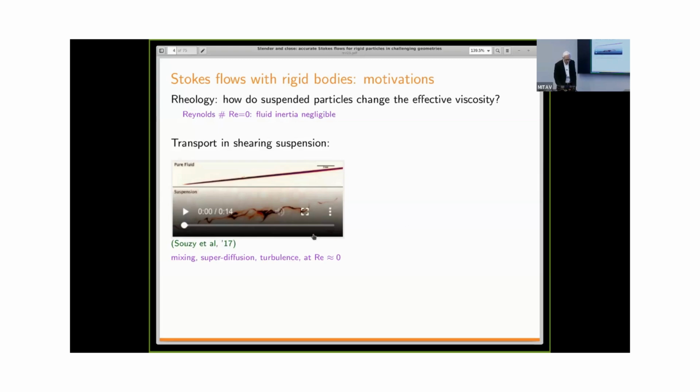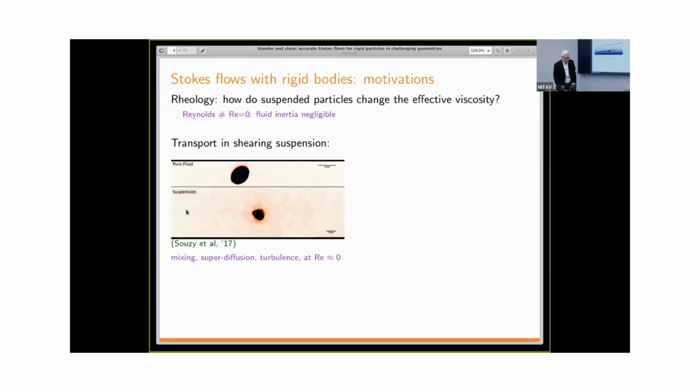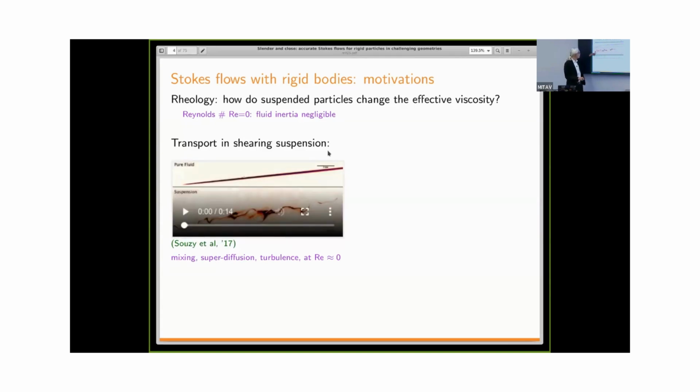So here's an example of an interesting transport question that can occur in a system of rigid spheres being sheared in a viscous fluid, 0 Reynolds number, and the fluid is entrained along the surface of the spheres and has interesting, unusual diffusion properties and turbulence and mixing, all at 0 Reynolds number.